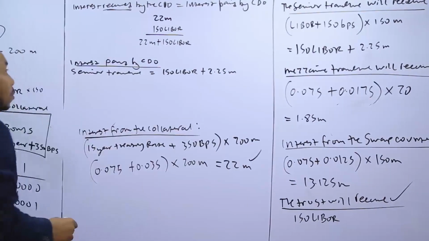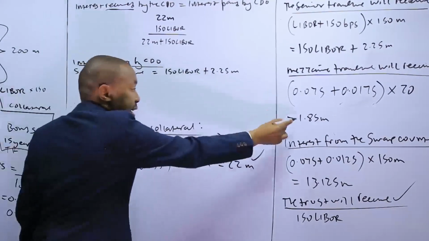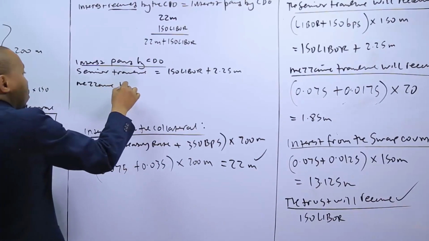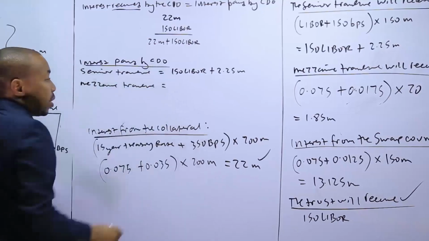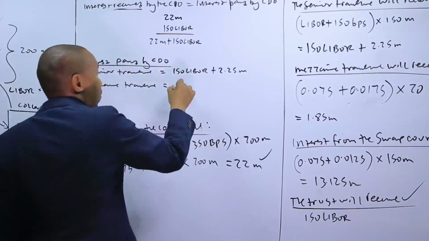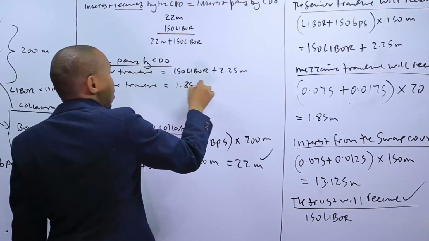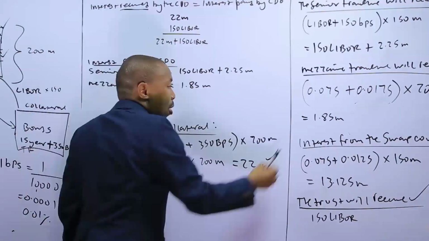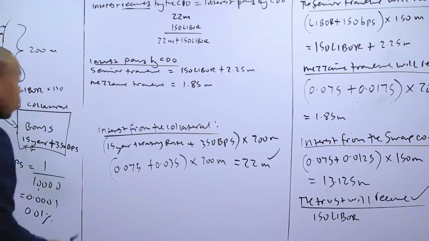For the mezzanine tranche, we have 1.85 million.